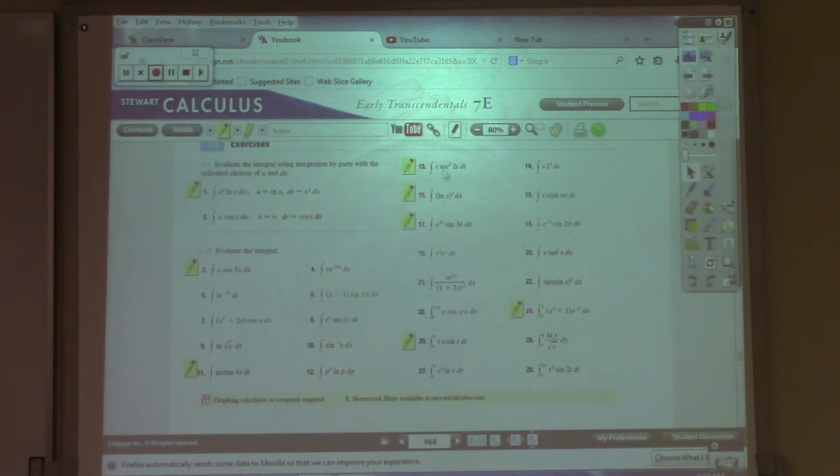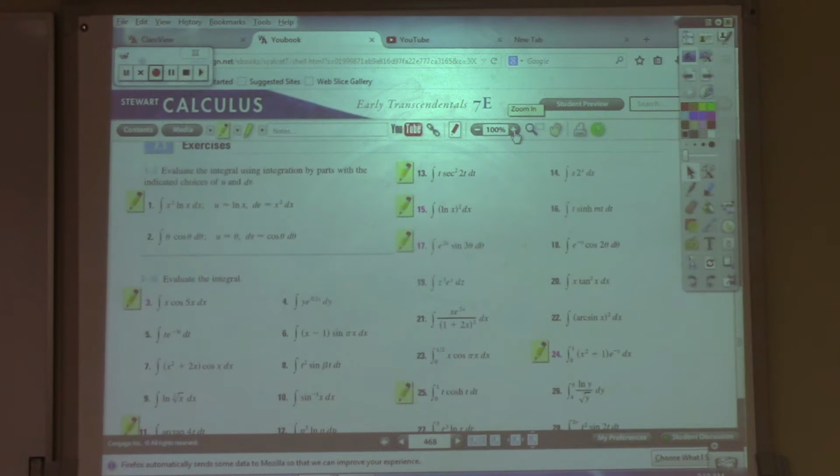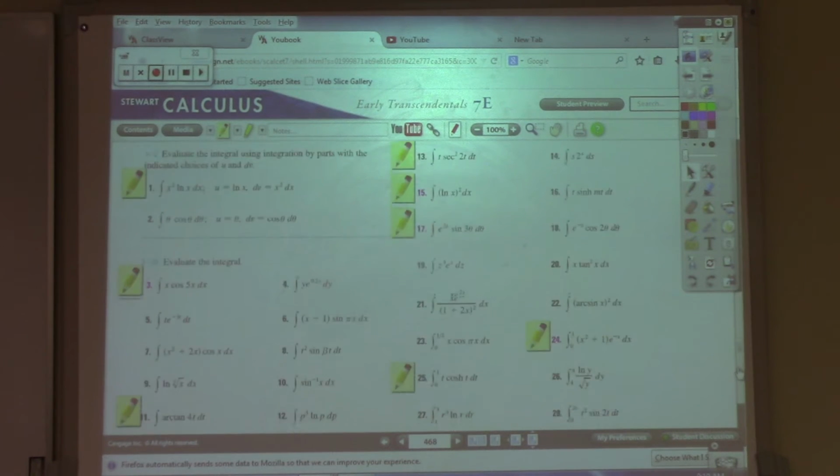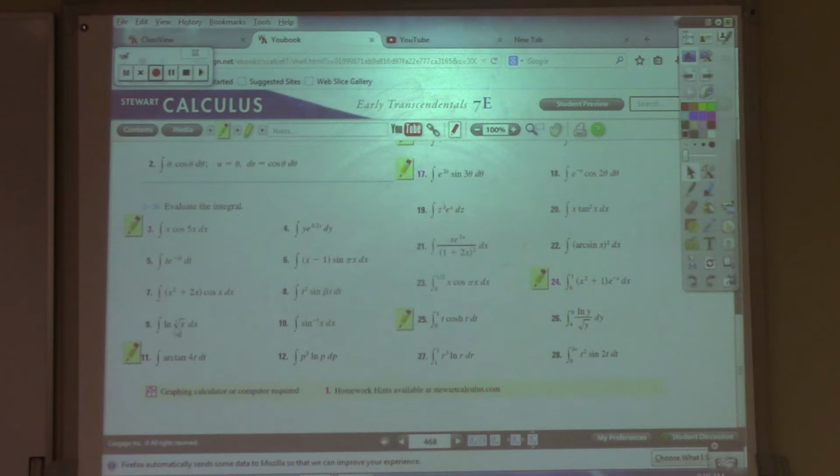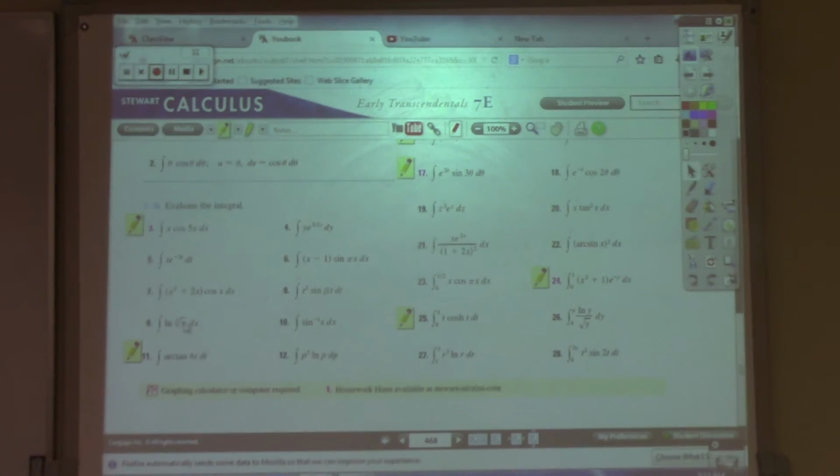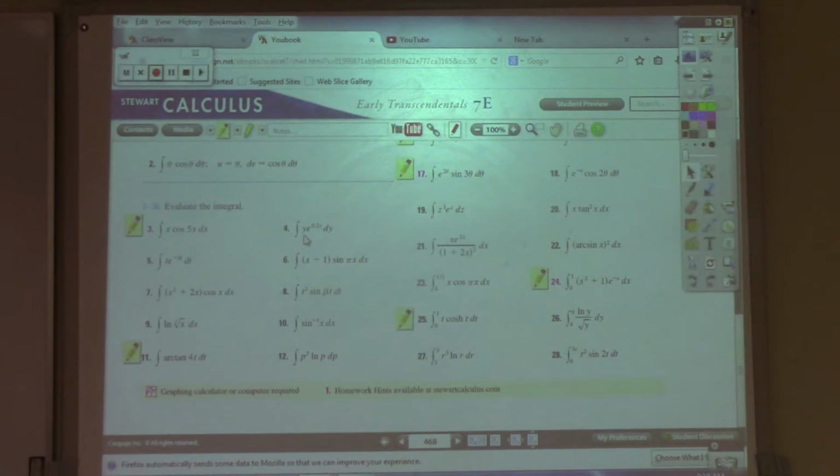Let's try number 9. What is it? Natural log of the cube root of x dx. Natural log of the cube root of x dx.